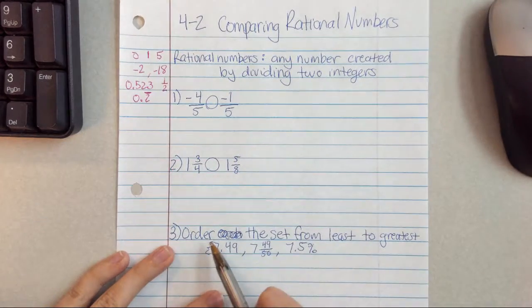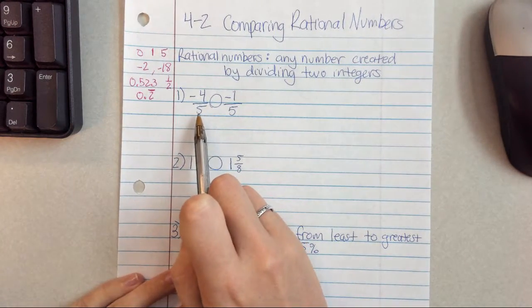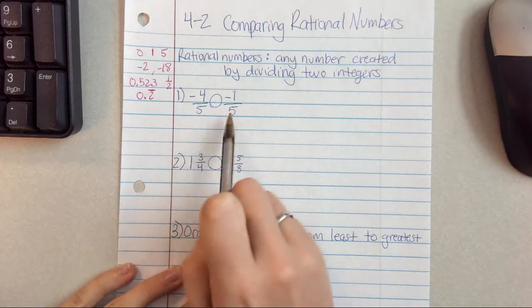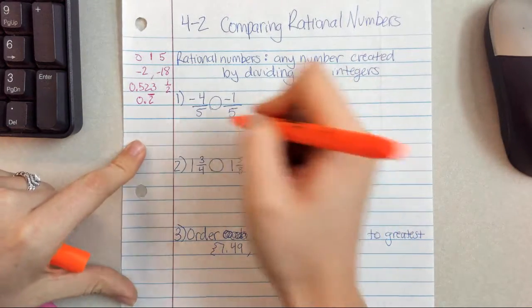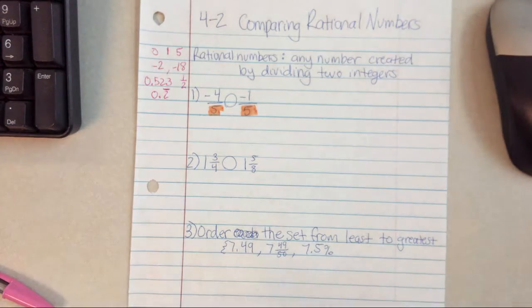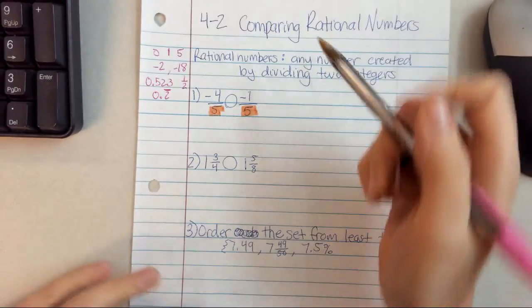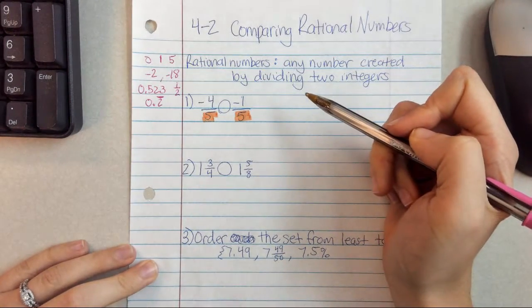Then we worked on comparing rational numbers, and in the first example it's really easy to compare because they have a common denominator. A denominator is the number on the bottom, and notice they are the same number, so that means they are common denominators. Anytime you have common denominators, you only have to look at the numerator to compare.